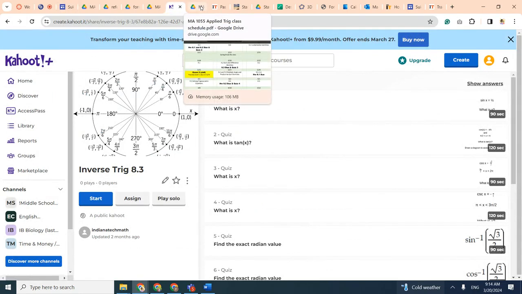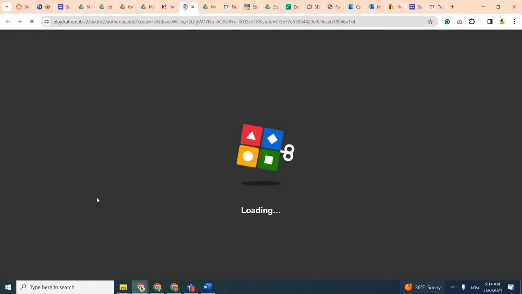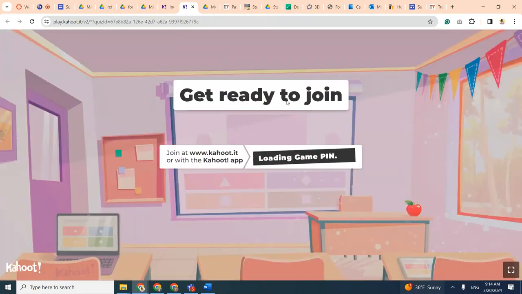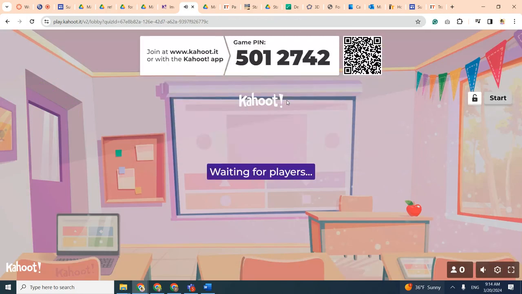Did my alarm ring? And I just turned it off? Thank you. Okay, take out your phone. All right, start. Go to kahoot.it, enter the game pin, or scan the QR code.